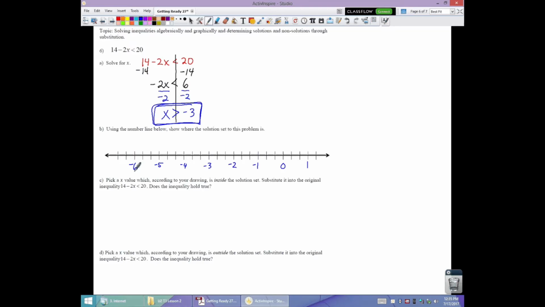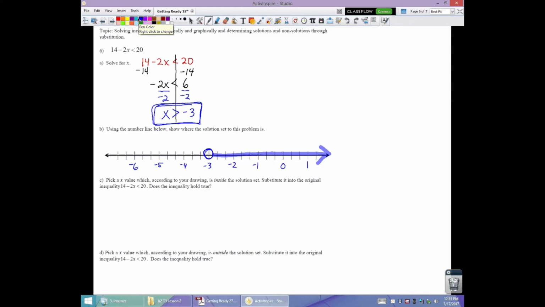You must establish a scale, though. We decided then, because it was greater than -3, not equal to, that we would have to put an open dot on the -3 to indicate that our solutions were very, very close to that number, but not the number itself. And greater than means we wanted to shade to the right. So we had infinitely many solutions, everything larger than -3.